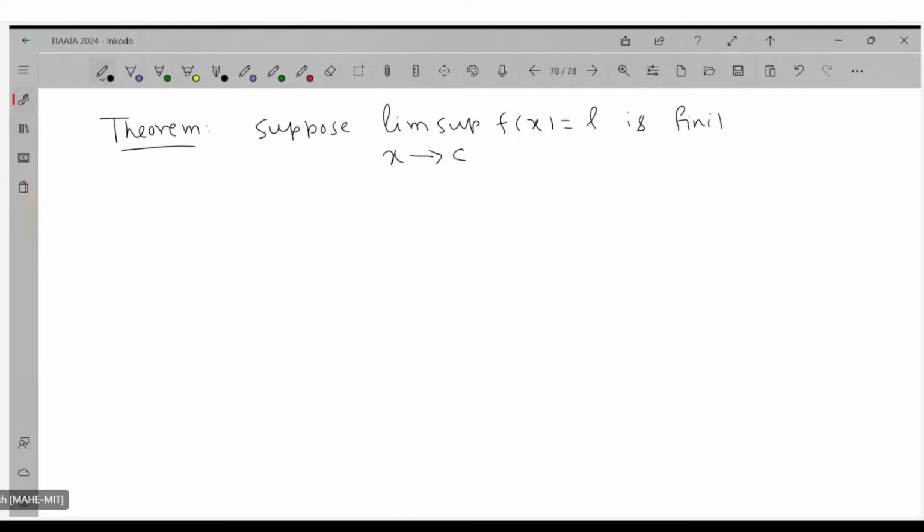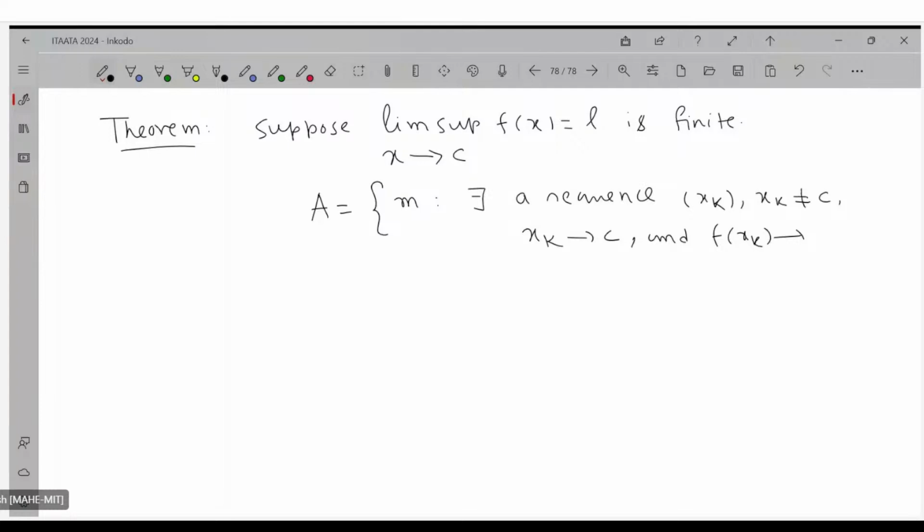Okay, this is finite. Consider this set A, which is the collection of all real numbers m such that there exists a sequence xk with xk not equal to C, and there are many other conditions we have to add, xk converges to C and f of xk converges to m.